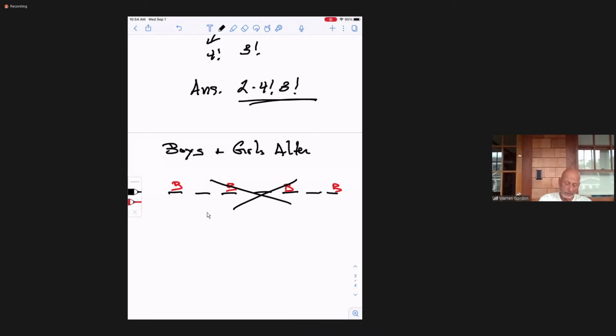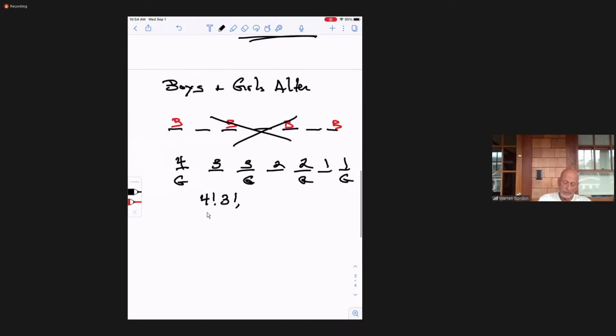That's right. So, but I can do this. I can go girl, boy, girl, boy, girl, boy, girl. I have 4 choices for the first girl, then 3, then 2, then 1. And then for the boys, I have 3, 2, 1. And I could write this as 4 factorial times 3 factorial. So that was pretty straightforward.